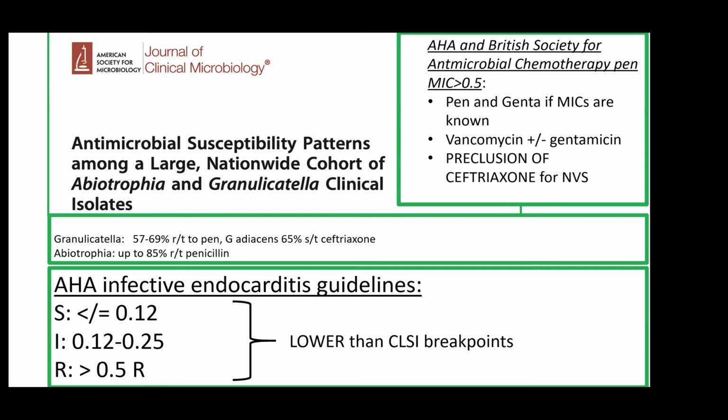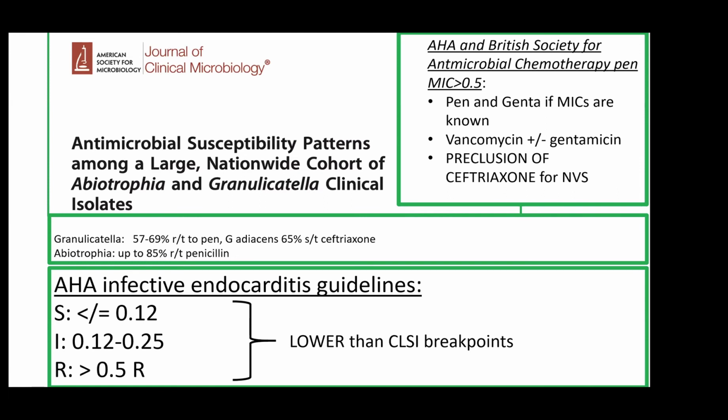CLSI would say that intermediate would be between 0.25 to 2 and resistant more than 4. So we can see that that's already much lower in the AHA guideline, then that's the recommendation. So it's almost adopting similar breakpoints as for enterococcus, or not breakpoints, treatment as well.